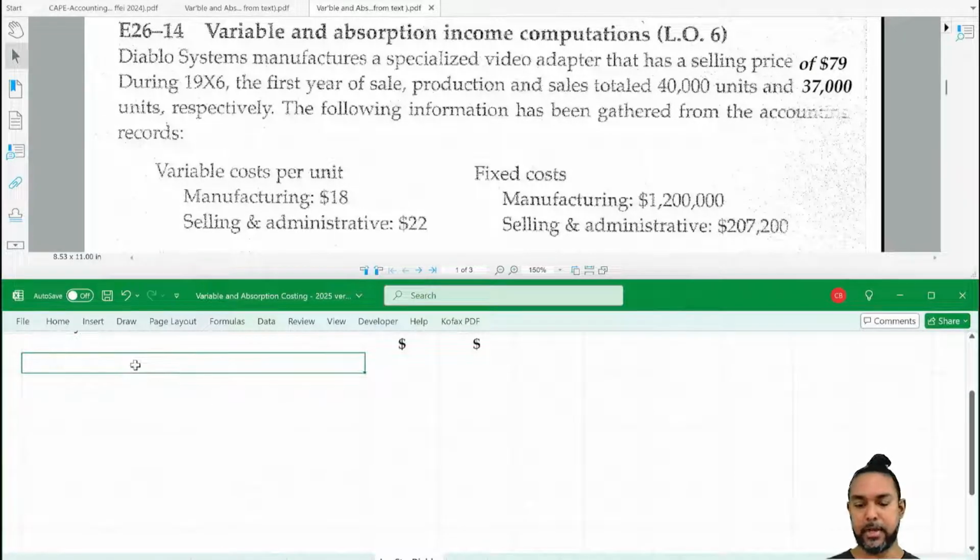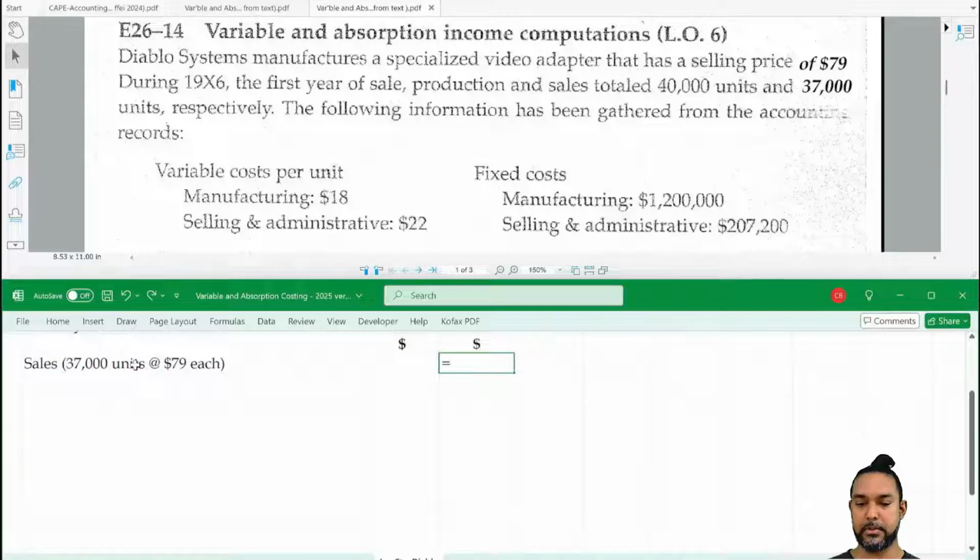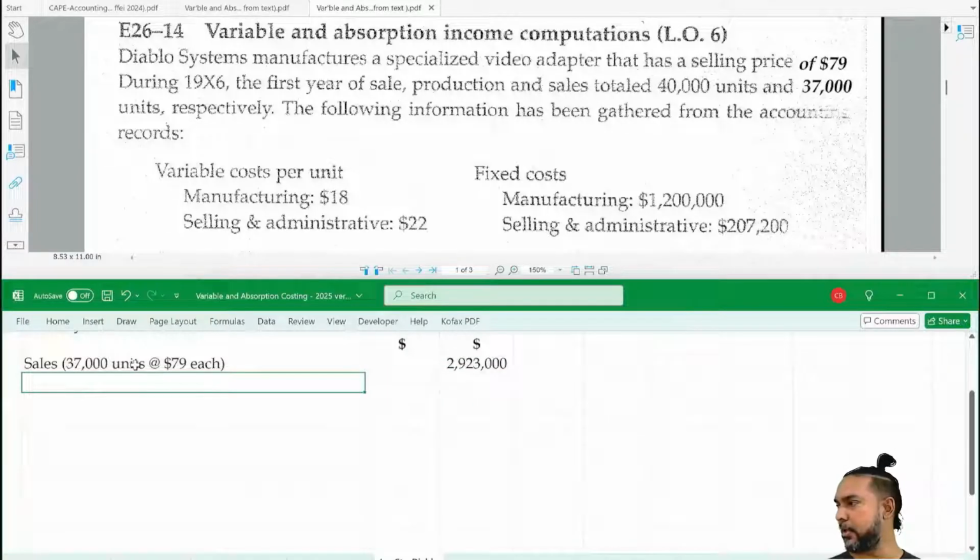Okay, so Diablo. Let me show you sales. You have 37,000 units at what was the selling price? $79, so 79 each. That's equal to 37,000 by 79. Right, 2,923,000. And then we have less cost of sales. So we sold 37,000 units at, what was the price in 26?